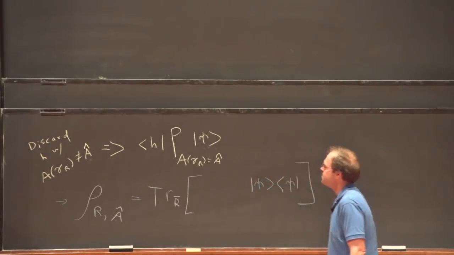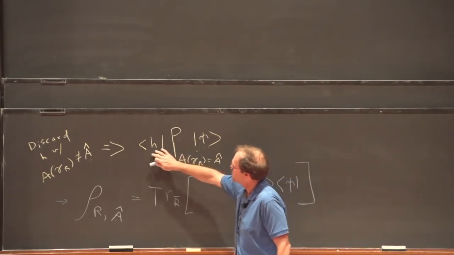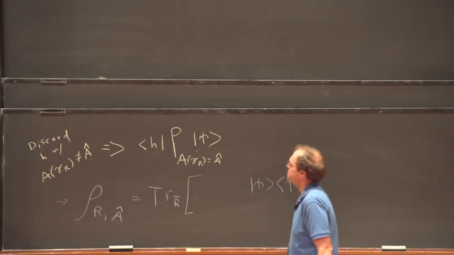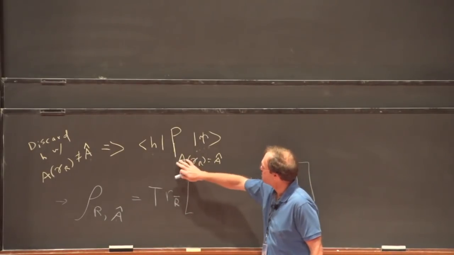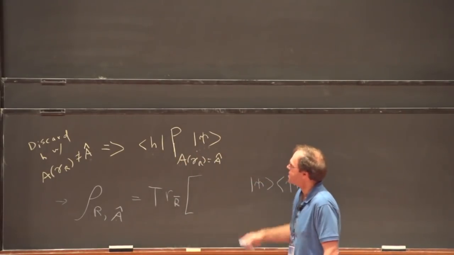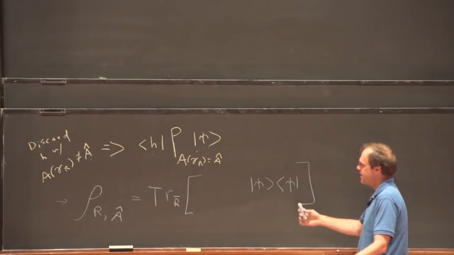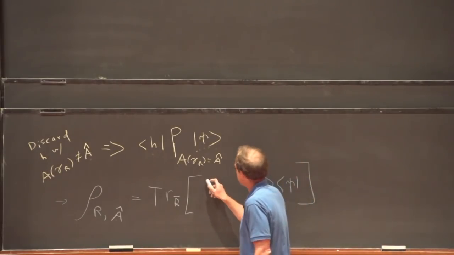And what I'm going to do is, here I have this bulk representation that I'm able to compute. Because this is a duality, this projection operator must then have some representation in the CFT, even if I can't write it down explicitly. And so I'm going to use it here.